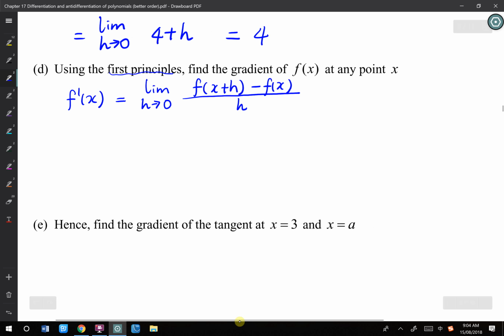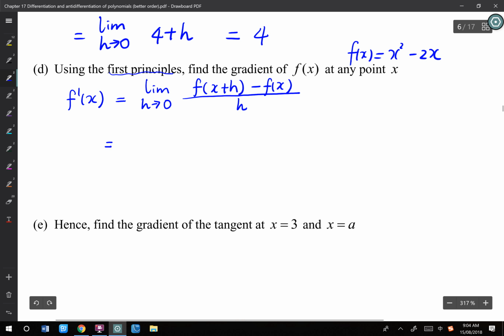Remember your f(x) equals x squared minus 2x. Different f(x) have different rules. So for this one, we have the rule x squared minus 2x. After you write the equation, the next step is to substitute into the function, replace the f(x + h) by the actual function.